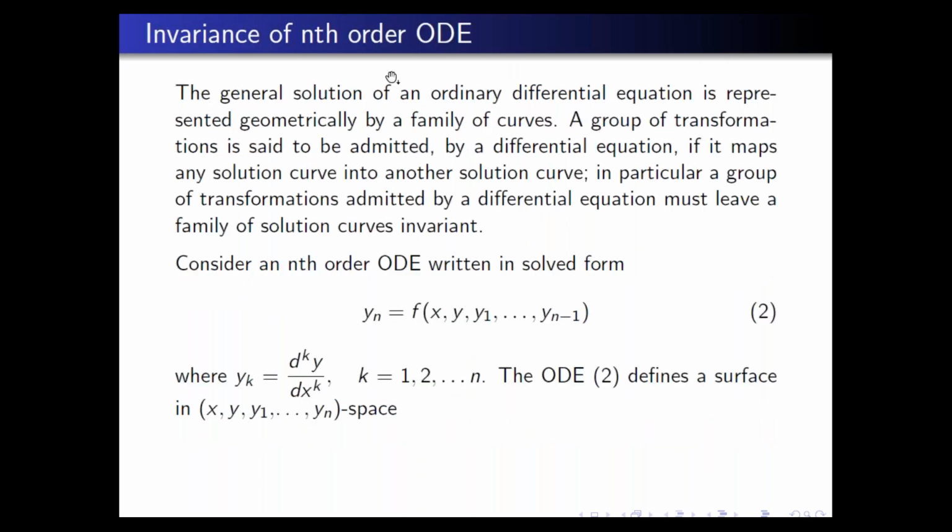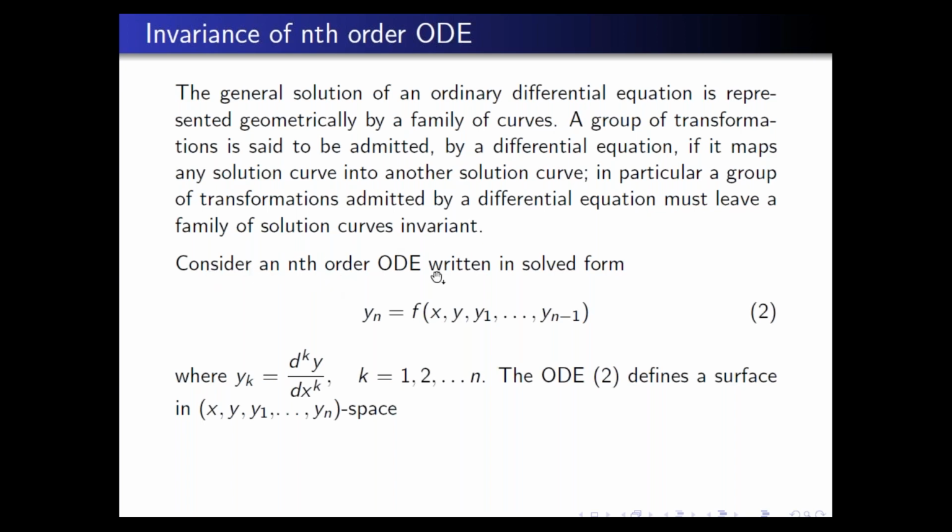Now let us see this geometrically, the invariance of an nth order ODE. The general solution of an ordinary differential equation is represented geometrically by a family of curves. A group of transformation is said to be admitted by a differential equation if it maps any solution curve into another solution curve. In particular, a group of transformation admitted by a differential equation must leave the family of solution curves invariant.